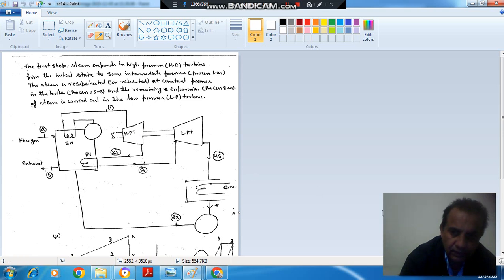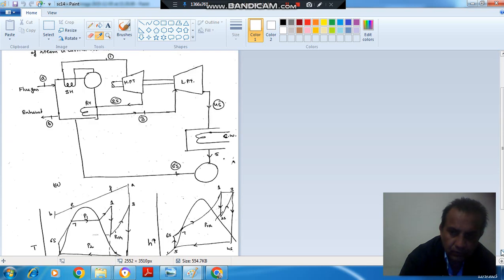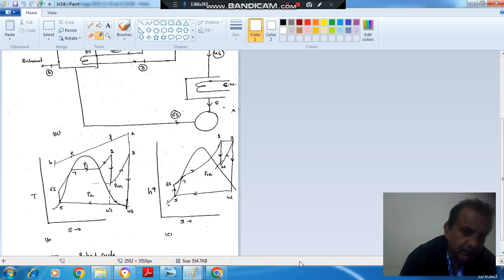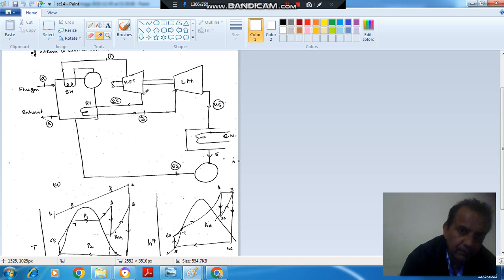So if we study the TS and HS diagram, this is your 1 to 2s process, or this is the process in the high pressure turbine. And then this is the reheating, 2s to 3 process.